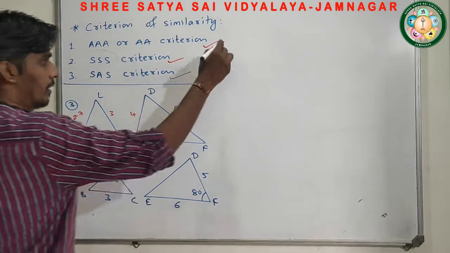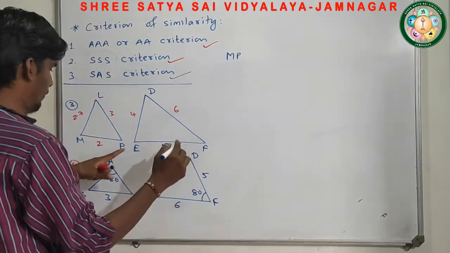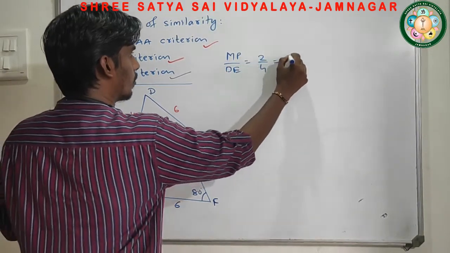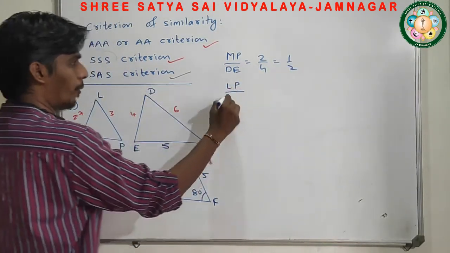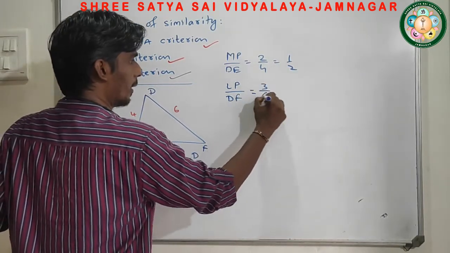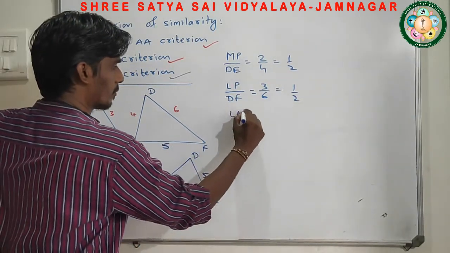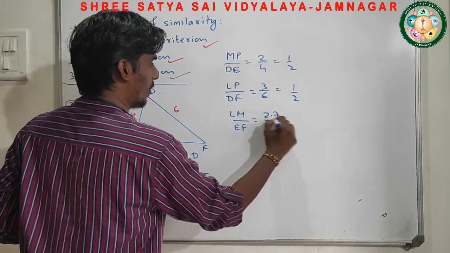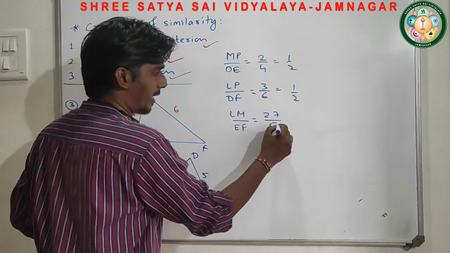Okay. So I can write here MP upon DE. It's 2 by 4, equal to half. Similarly, LP upon DF is equal to 3 upon 6, equal to half. And the last one, LM upon EF. It's 2.7 upon 5. Even if I remove this decimal, I'll get 27 upon 50.